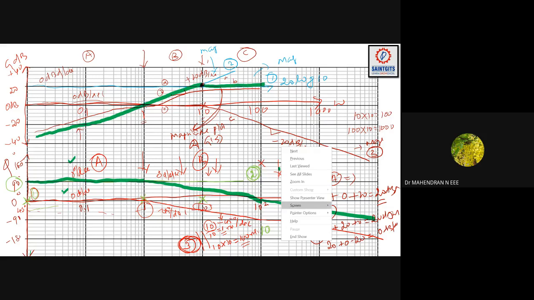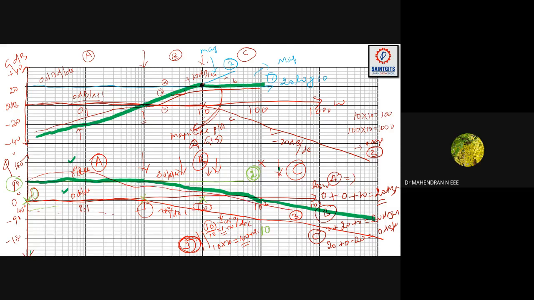Once again, the phase plot can be further modified like this based upon the assumption. So this is your phase plot.